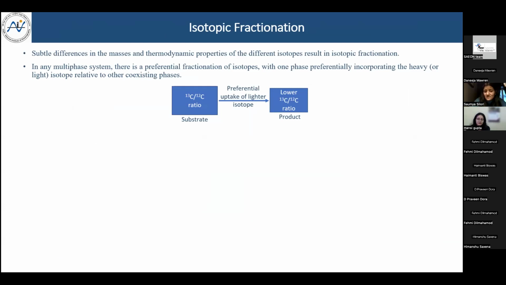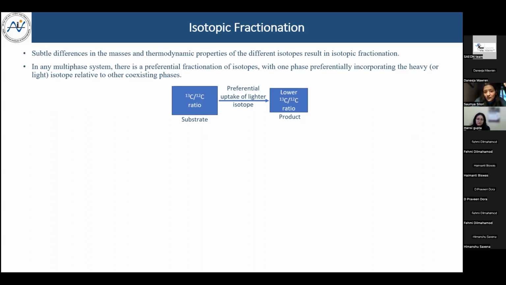In a reaction, for example, I'll take carbon here. Carbon has two stable isotopes, carbon 12 and carbon 13, 13 being the heavier isotope. In most reactions, we see a preferential utilization of the lighter isotope. It can happen otherwise also; there are some reactions where researchers have seen a preferential uptake of the heavier isotope.